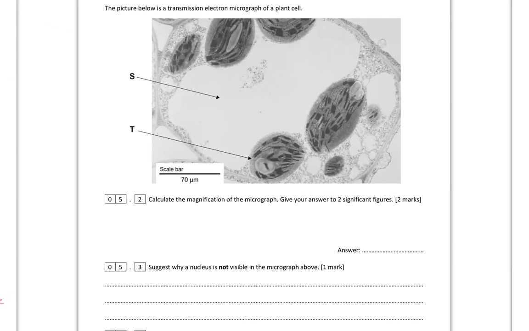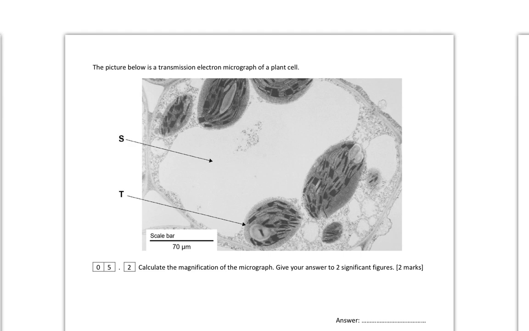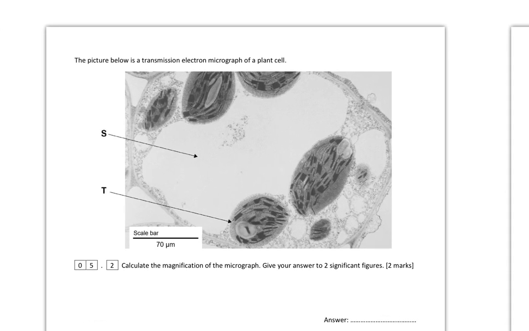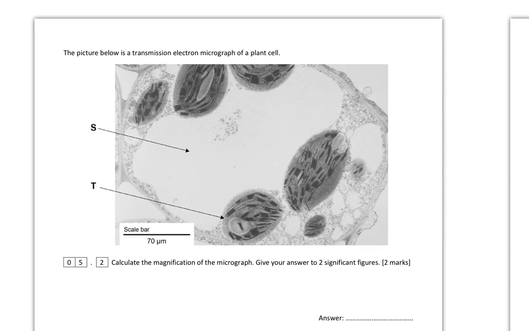Right, I'm going to struggle to do this one because I haven't got the actual size of the thing, so I can just go through the method. The key thing on any magnification is just measure the scale bar and measure it in millimeters. I don't have the actual value, but let's pretend I have measured it and it's 30 millimeters long, 3 centimeters.